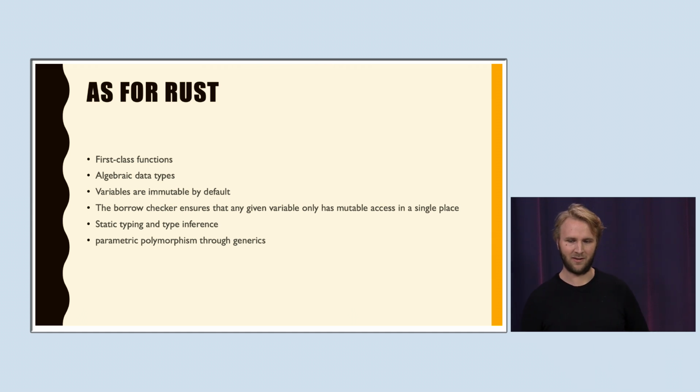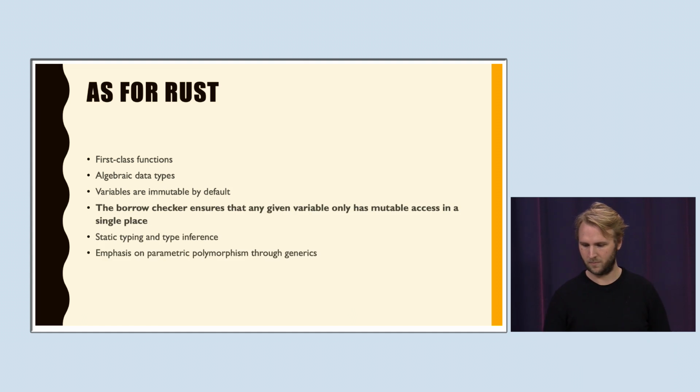And finally, it has a really nice and powerful type system. The borrow checker in particular has certain implications that drive us towards functional thinking. The fact that you can't in Rust have mutable access to something in multiple different locations kind of encourages a functional way of thinking about things.